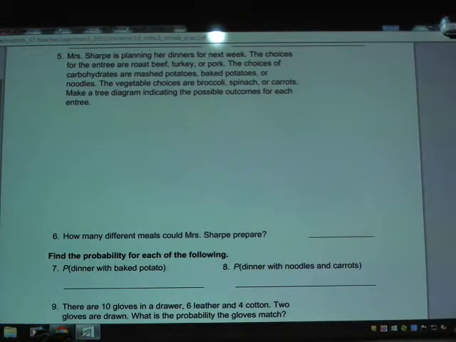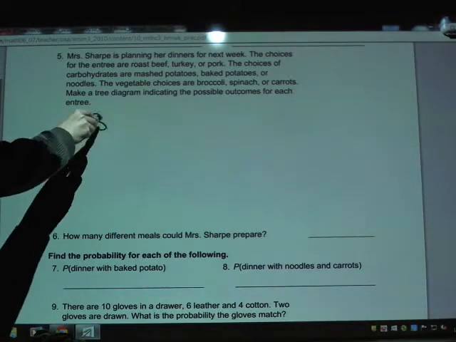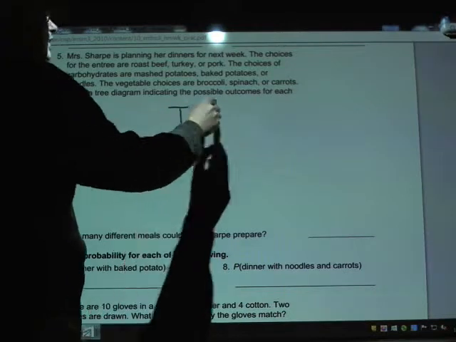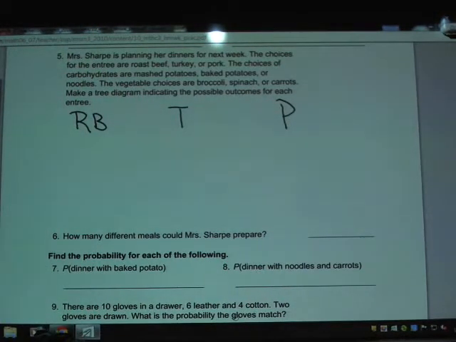Remember, the tree diagram is a branching diagram that consists of multiple levels, in which each level you list beneath the level directly above it all of the choices. So in the first level, we can start off with roast beef, turkey, or pork, and that's easy enough. We're just going to list those across the page, and that would be level 1. Now, level 2 choices are the carbohydrates: mashed potatoes, baked potatoes, or noodles.